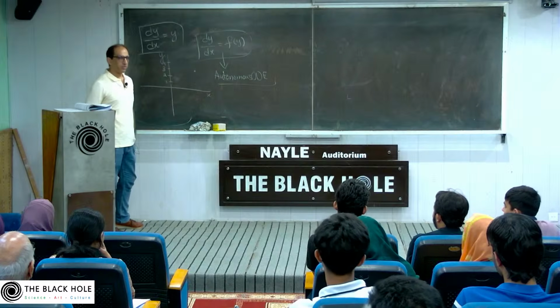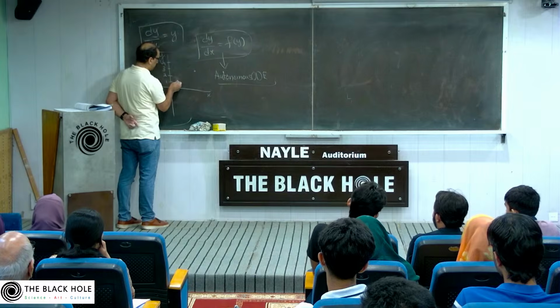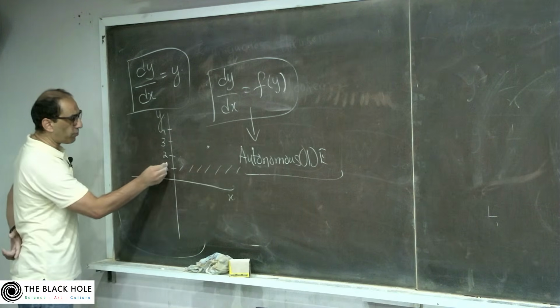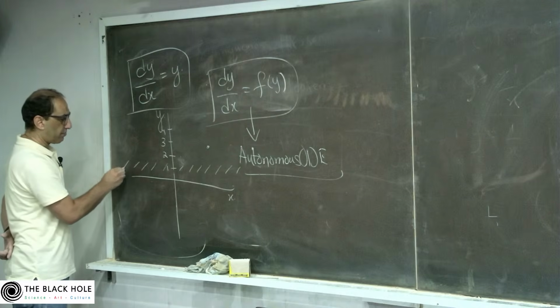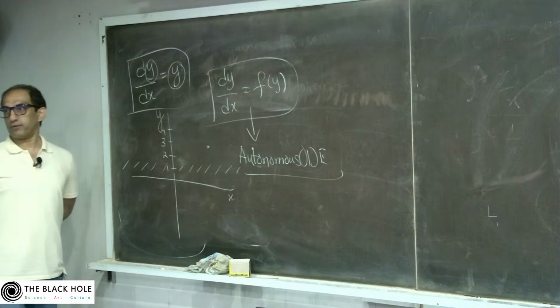Okay, don't differentiate the 1. So it means this is, let's say, the slope, and the slope remains the same because it depends only on y.